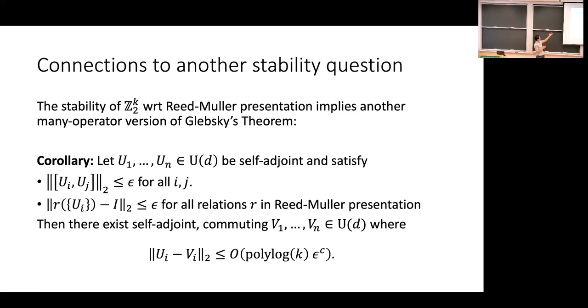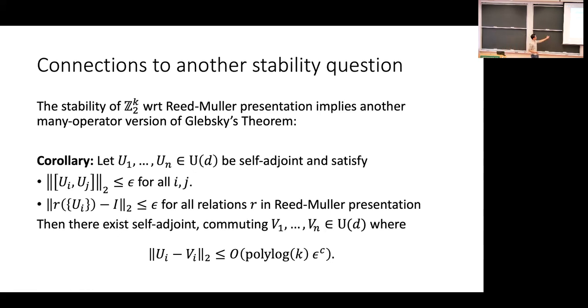So the corollary is that you have self-adjoint unitaries, U1 up to UN, and that they approximately commute. But you also know something else, which is that they almost satisfy these relations. So it's not just approximate commutation in the hypothesis, but also you satisfy these relations that came from this parity check matrix. But that's the assumption.